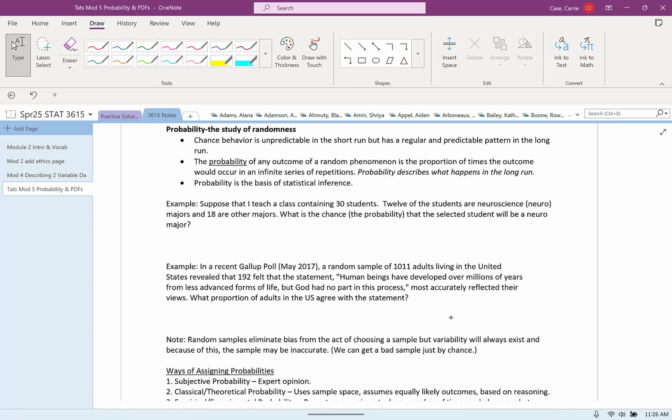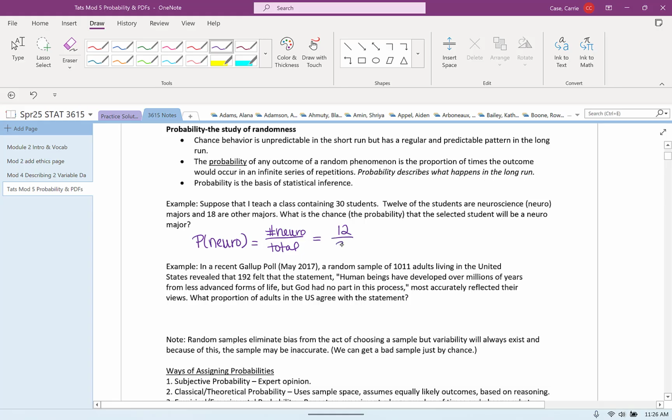Suppose that I teach a class containing 30 students. 12 of the students are neuroscience majors and 18 are other majors. What is the chance or the probability that a selected student will be a neuroscience major? The probability of being a neuro major is the number of neuro majors in the class over the total number of people in the class.